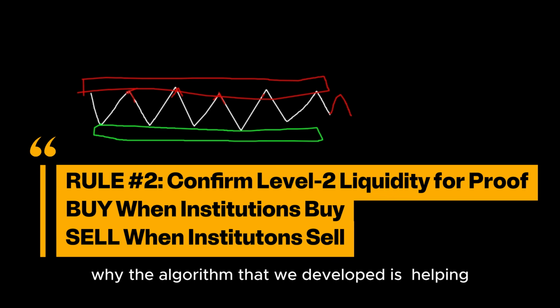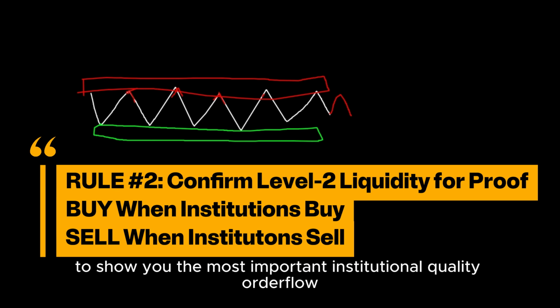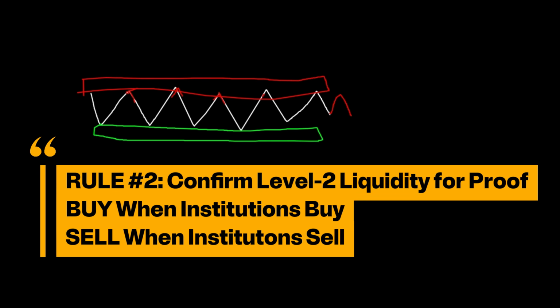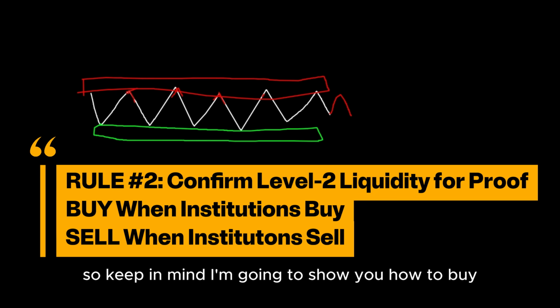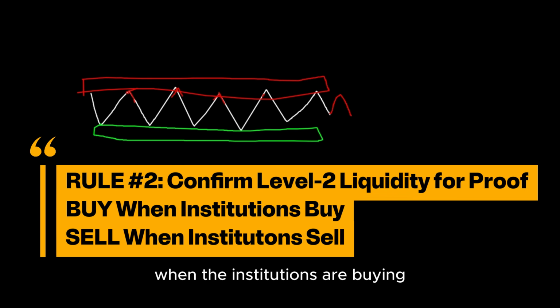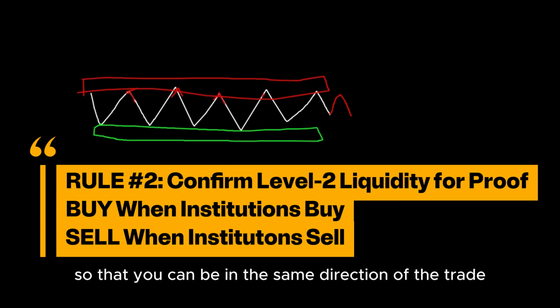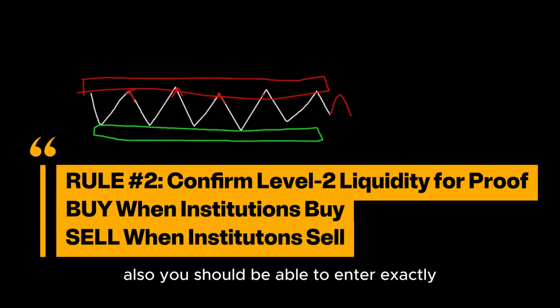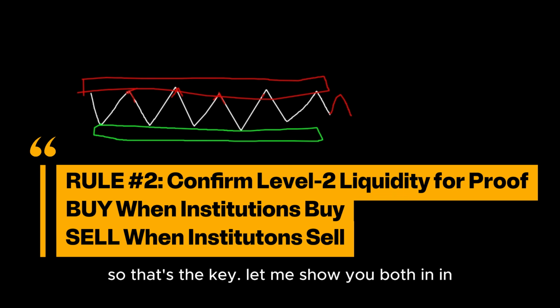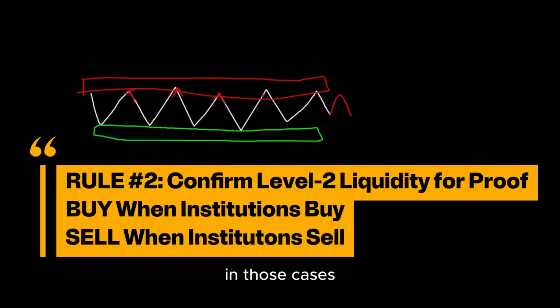The algorithm that we developed helps show you the most important thing, institutional quality order flow. Keep in mind, I'm going to show you how to buy when the institutions are buying, so that you can be in the same direction of the trade. Also, you should be able to enter exactly or near where they are buying. That's the key. Let me show you both of those cases.